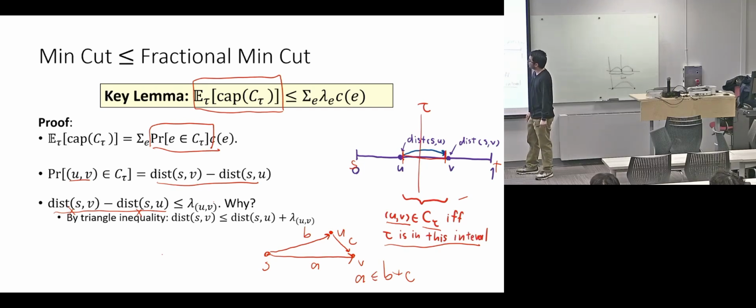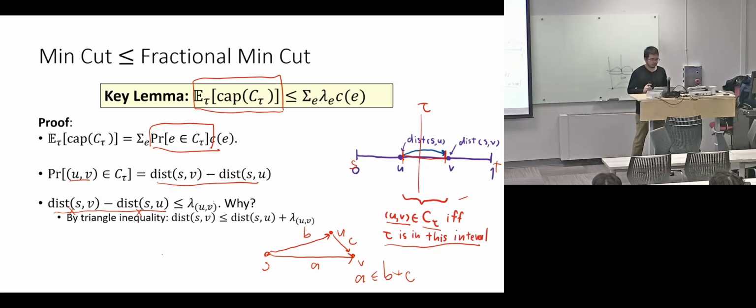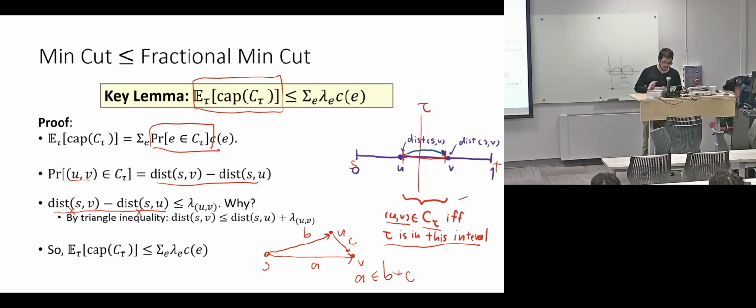Okay. And so we are done. We get that this is at most lambda e. So this is at most this.